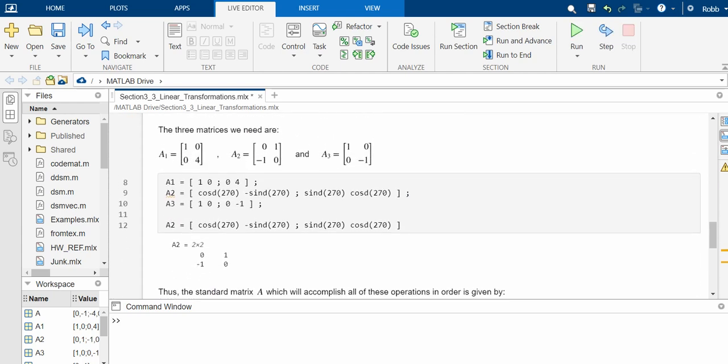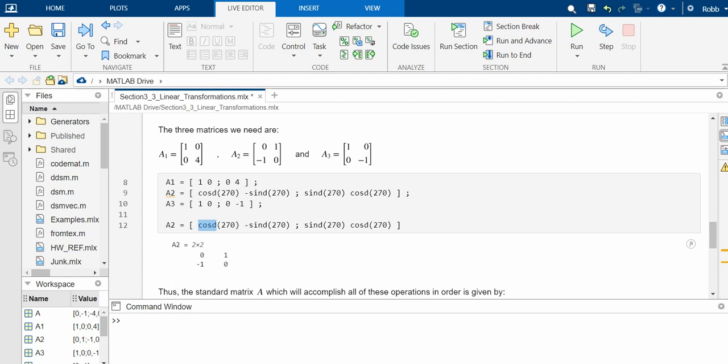And notice that we're not using cosine. If I used cos, C-O-S, MATLAB will assume that the angle measure is radians, okay? So cosine D, cos D, and sine D, that's degrees.